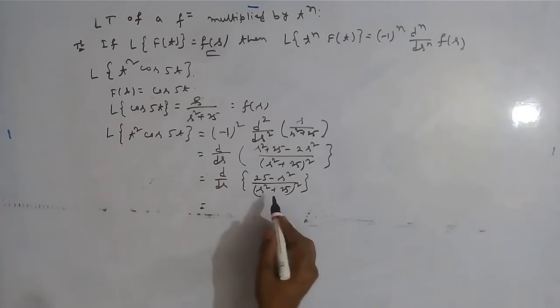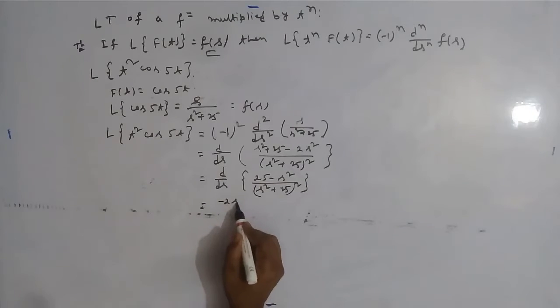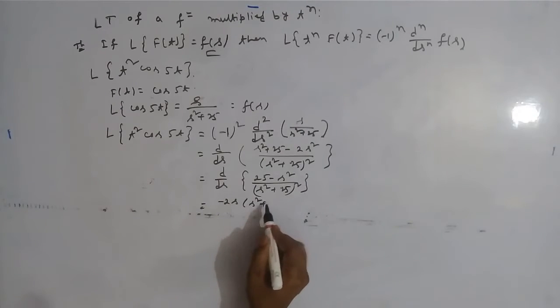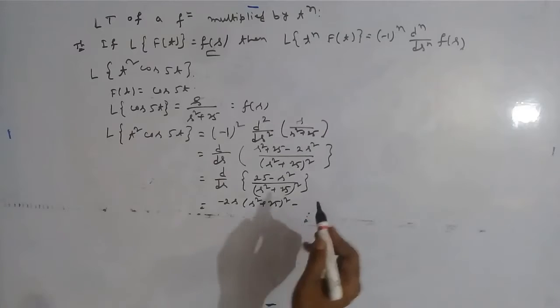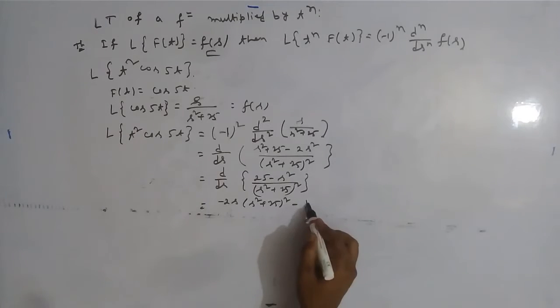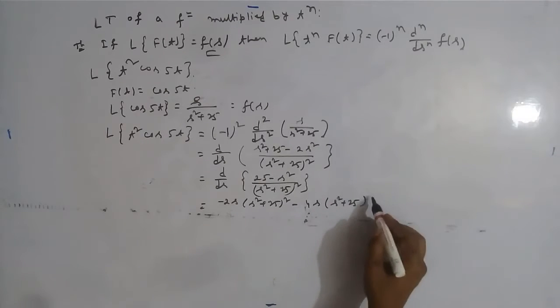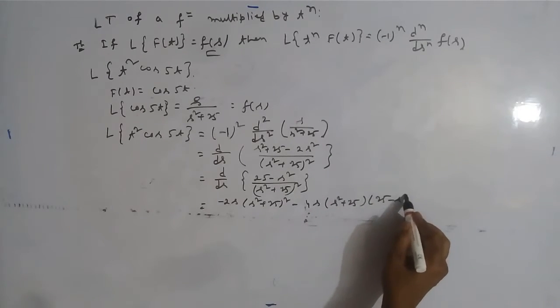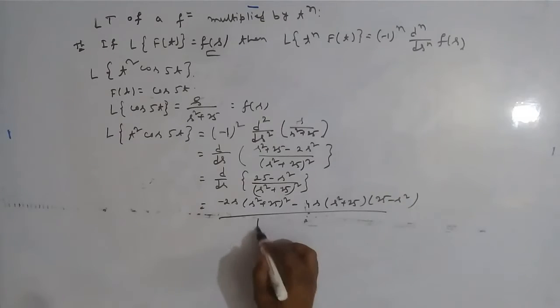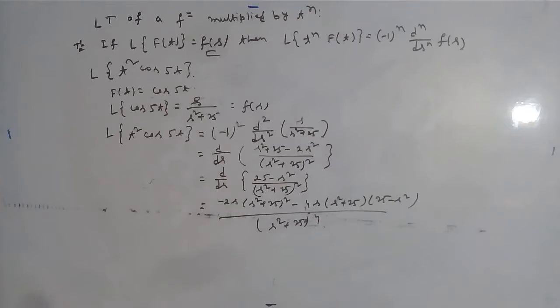Now differentiating this function, it will be minus 2s into (s square plus 25) whole square minus 4s into (s square plus 25) into (25 minus s square), all by (s square plus 25) to the power 4.